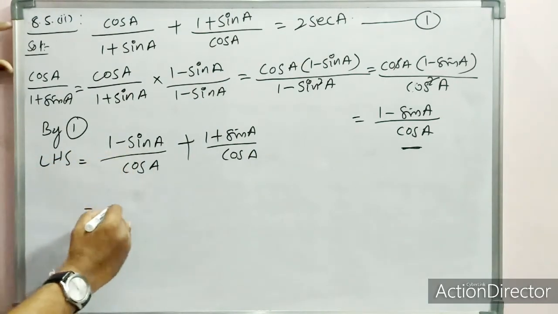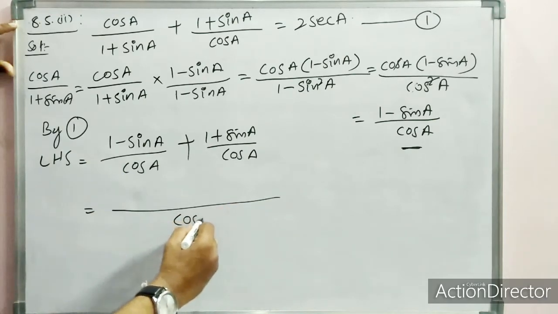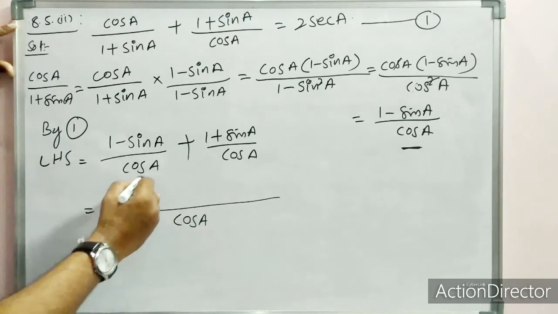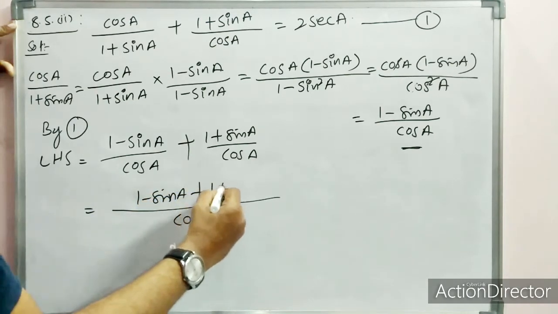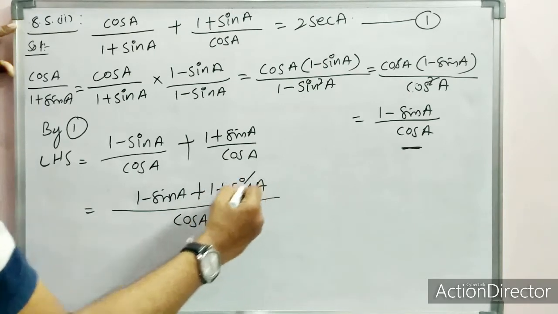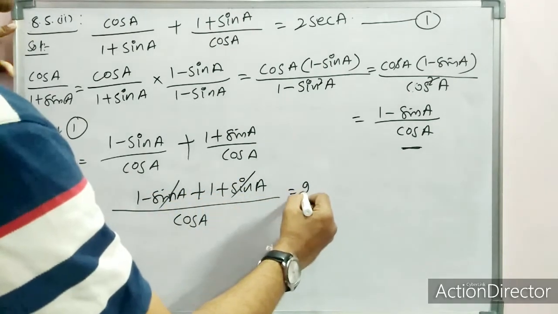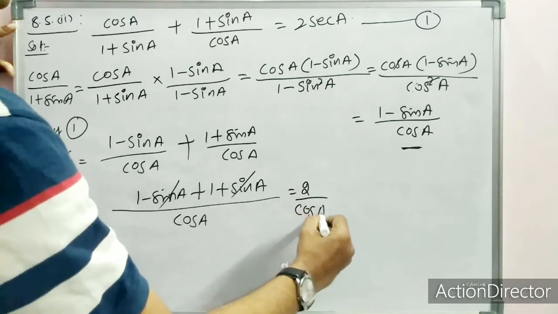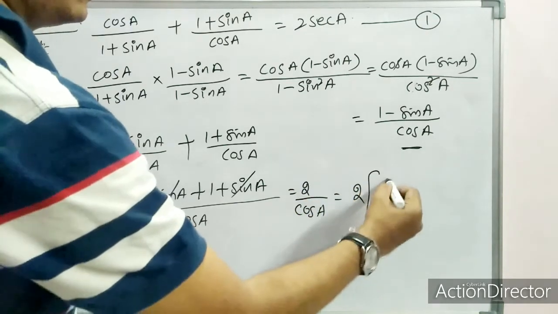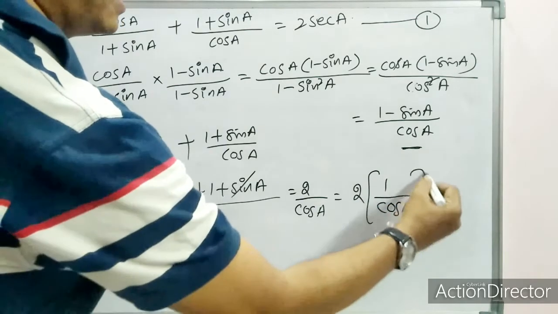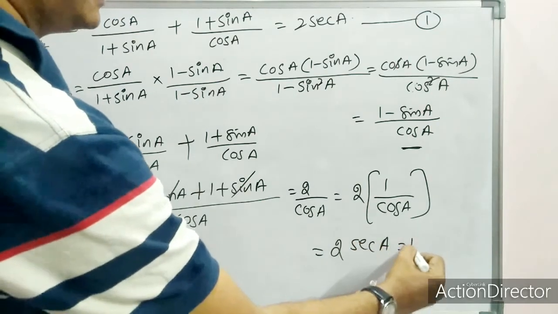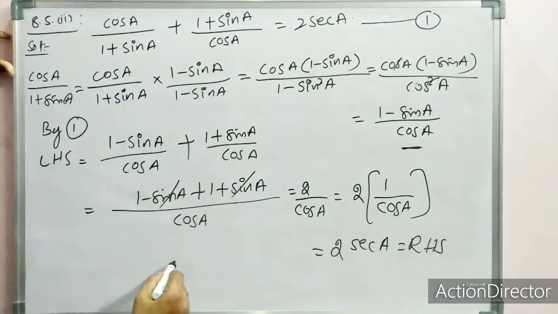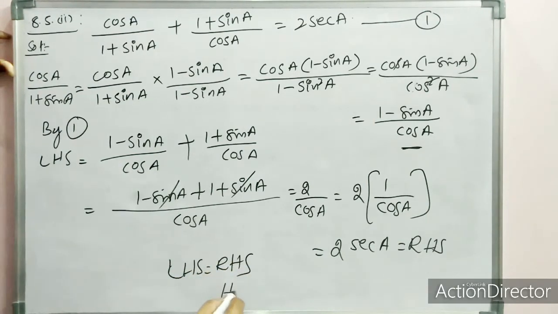Now take the LCM, that is cos A. Now the numerator is 1 minus sin A plus 1 plus sin A. So the sin A terms will cancel. It will be 2 by cos A. Therefore I can write 2 into 1 by cos A. Therefore 2 into 1 by cos A is nothing but 2 secant A. This is the RHS. Therefore, finally, I got LHS equal to RHS. Therefore, hence proved.